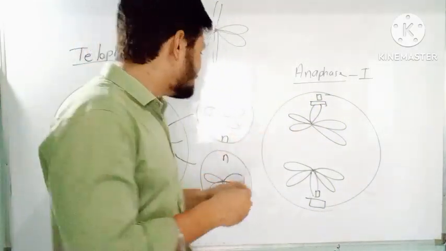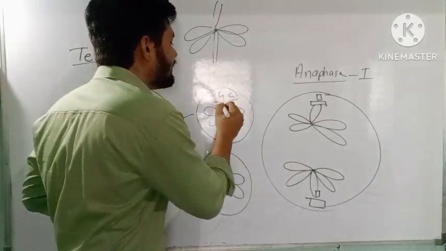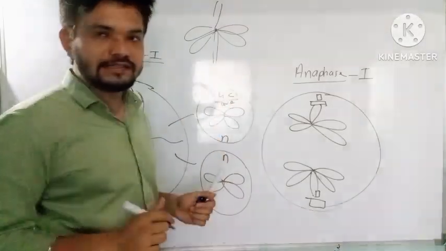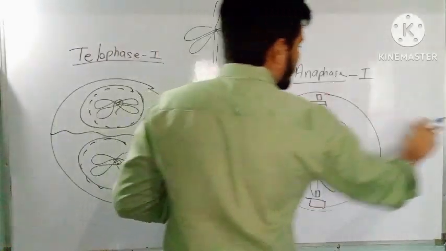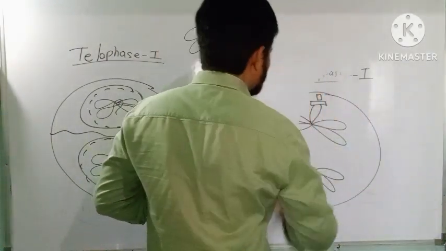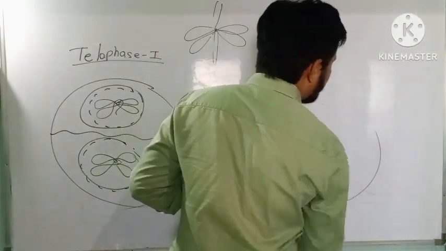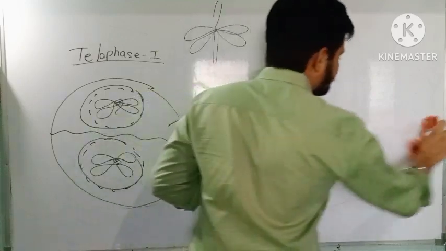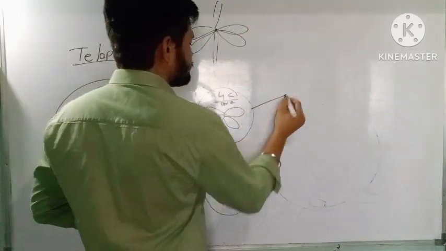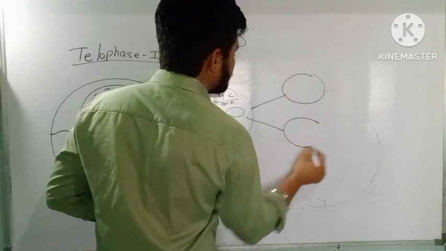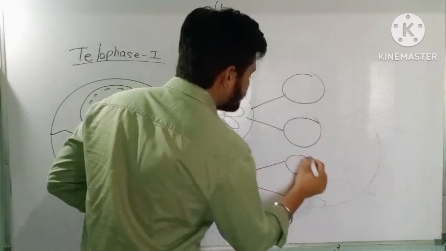So let's say these cells are having 4C DNA, but the daughter cells produced from meiosis 2 will have only 2C DNA. Suppose this cell is producing two cells, this cell is producing two cells.